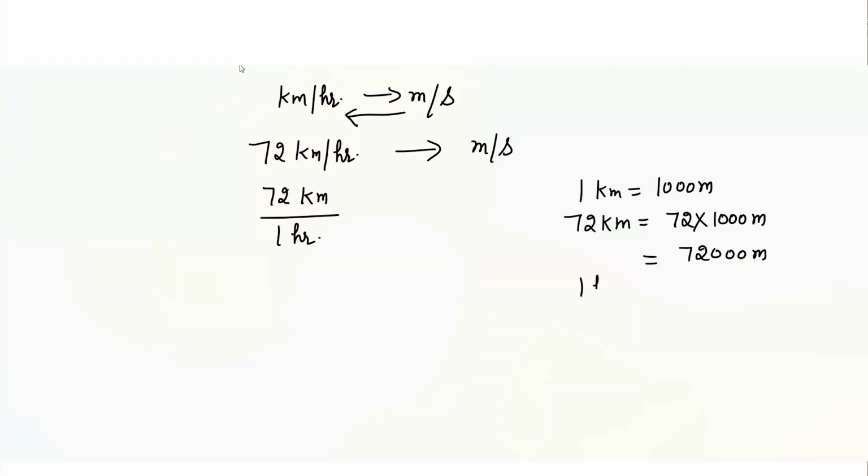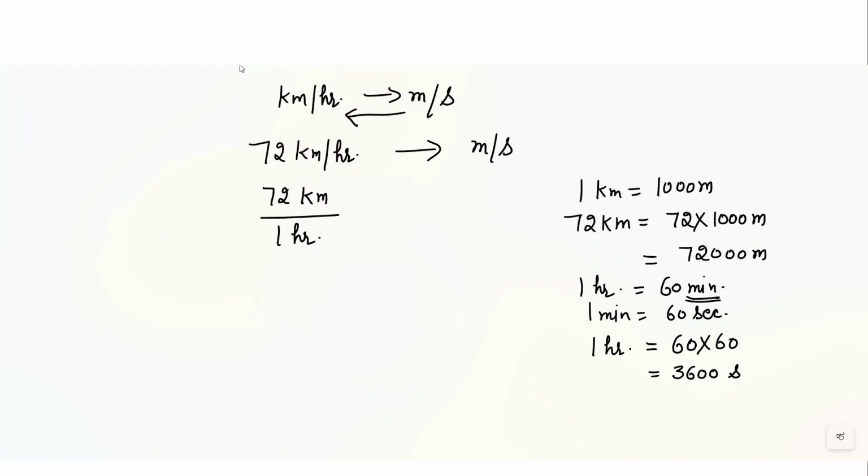Similarly, 1 hour is equals to 60 minute and 1 minute is equals to 60 seconds. That means 1 hour will be equals to 60 into 60, then we'll get it equals to 3600 seconds.